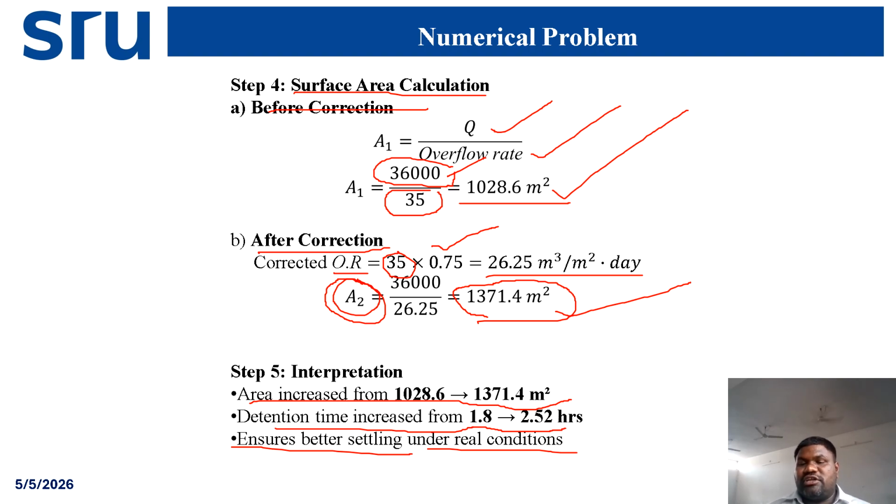Basically, this question shows that these parameters are very important for settling of suspended solids and for removal of organic matter, that is BOD. So it's very important, and in this problem we calculated all these parameters that we discussed.